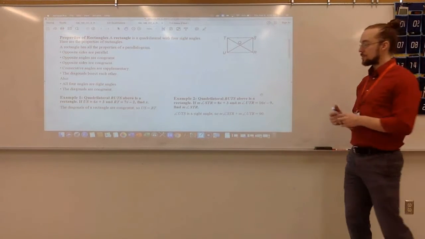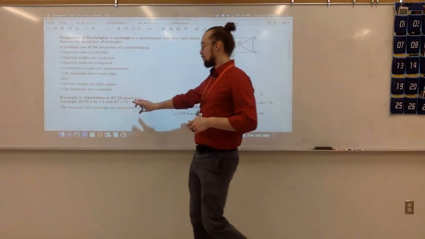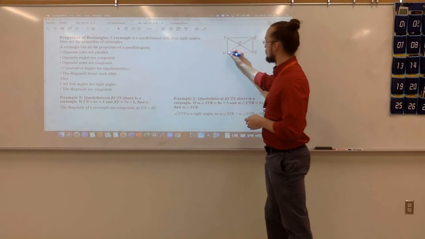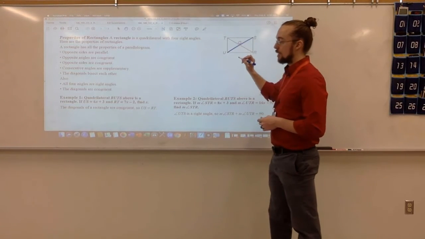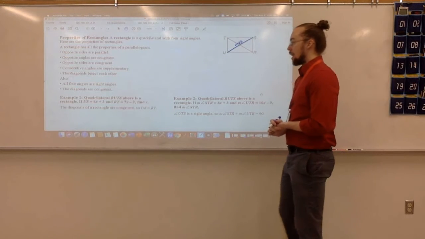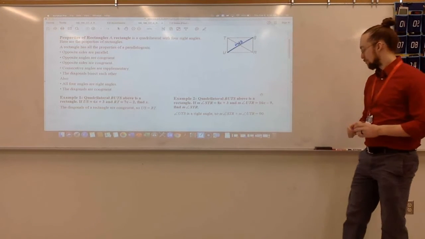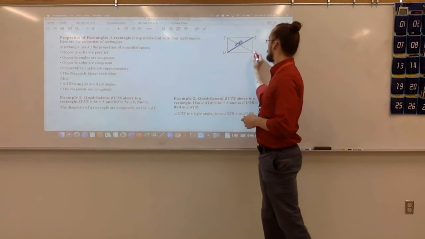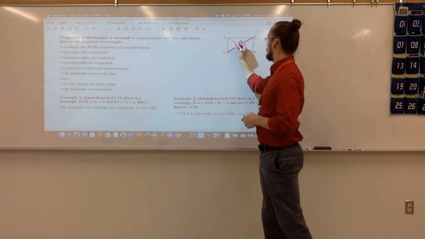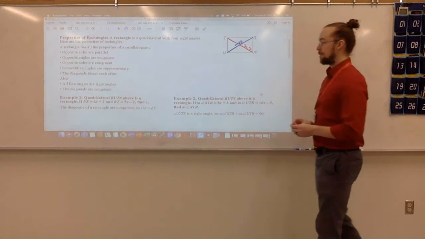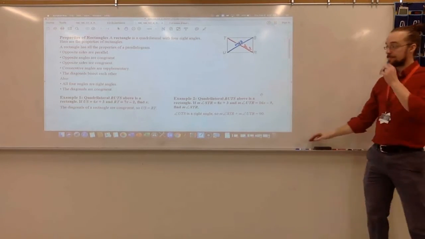And for both of these, it tells us this is a rectangle. So for example 1, it says that US, which is this entire diagonal, is 6x plus 3. And then it says RT, which is the entire other diagonal, is 7x minus 2. And we want to find x.